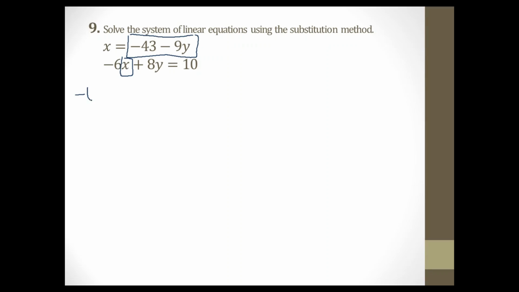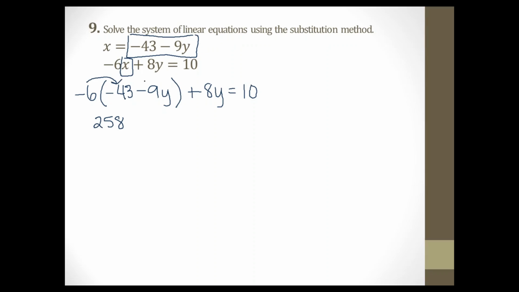I'm going to have -6 times (-43 minus 9y) plus 8y equals 10. All right, so I'm just substituting that expression that's set equal to x into the other equation. So I have -6 times -43 will give you a positive 258.